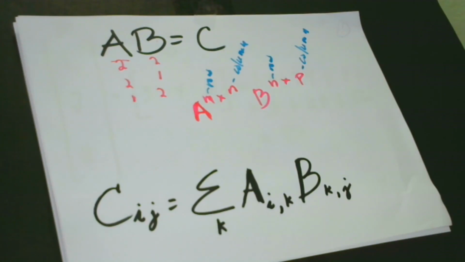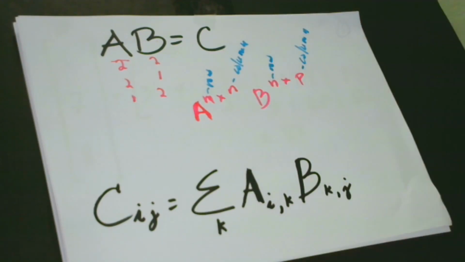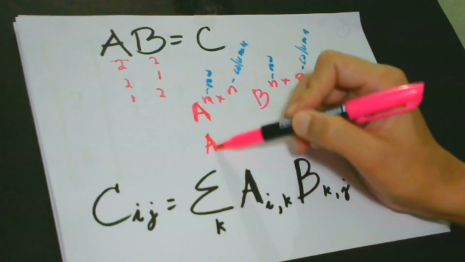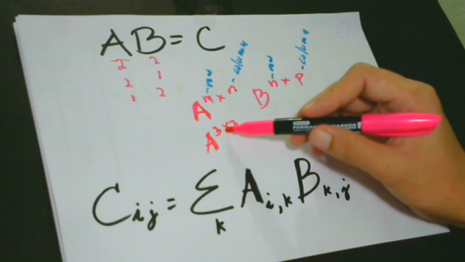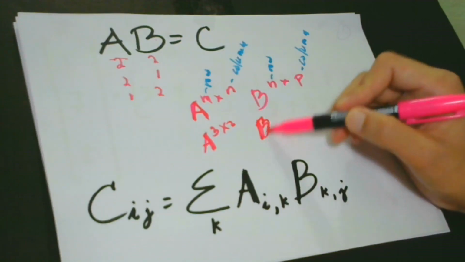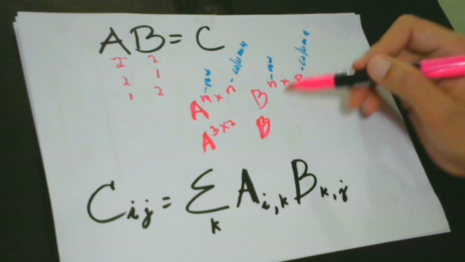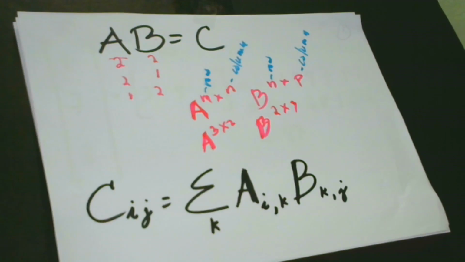What shall we do in here? Let's substitute real numbers. For example, A is 3 by 2, which means it has 3 rows and 2 columns, and B is 2 by 3, which means that B has 2 rows and 3 columns.